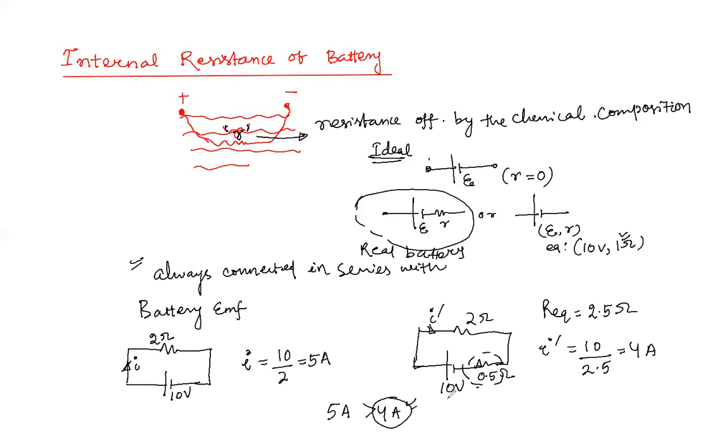So how does it affect the potential drop across a battery also, and what do we call it? Let's understand it. Here we are going to study a term called terminal potential difference. So what is the meaning of it?